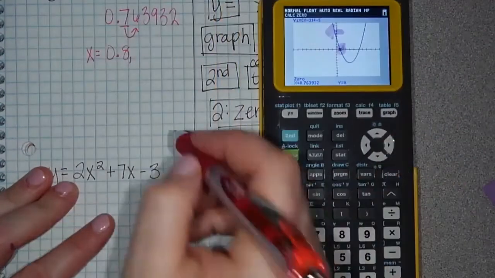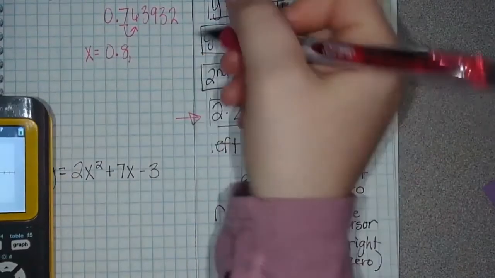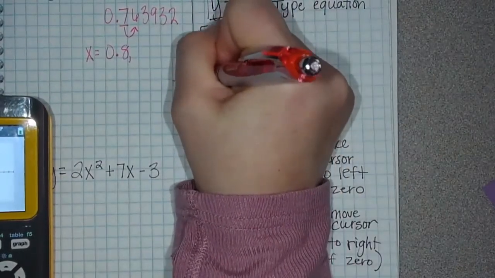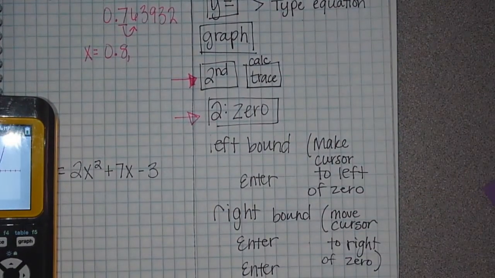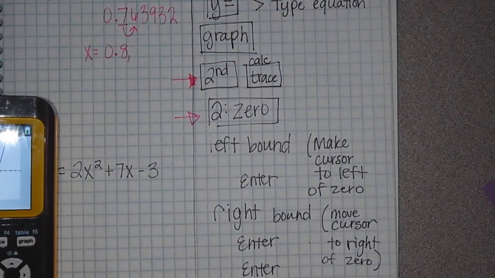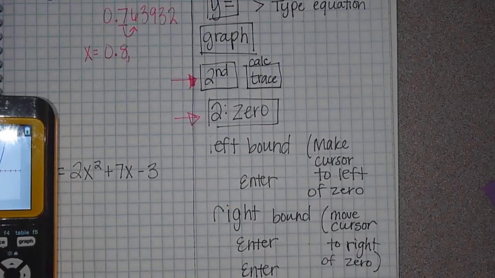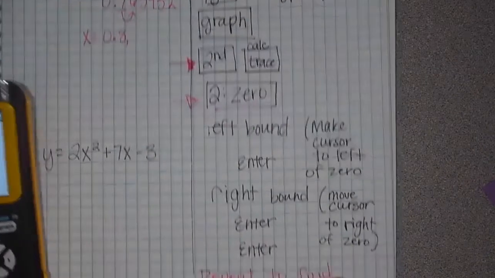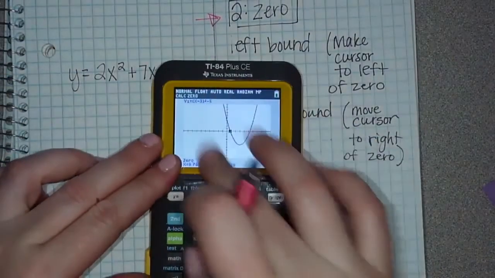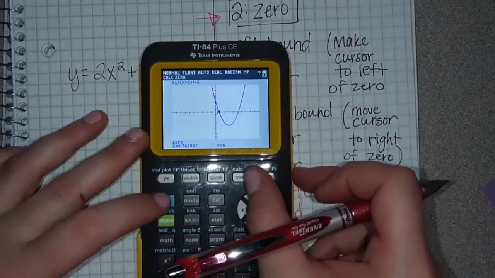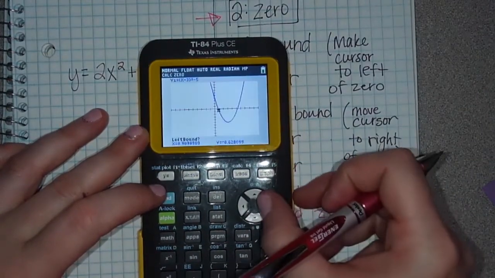Then you have to go back and repeat to find the second zero. Okay, so you're going to hit second trace again, go to number 2.